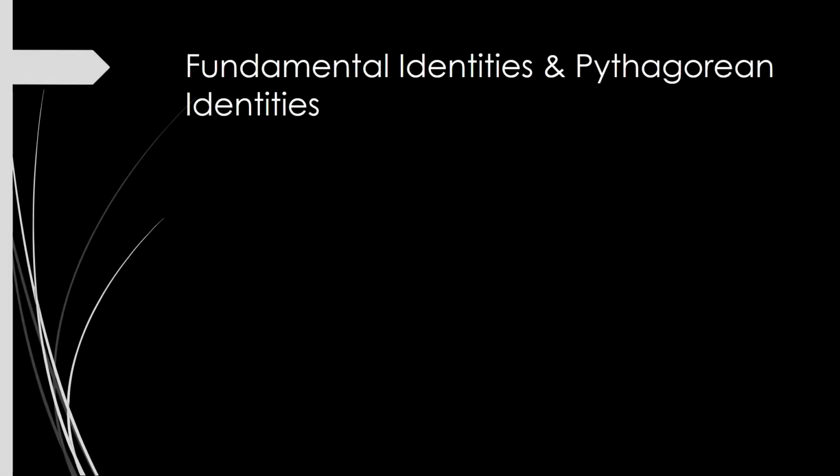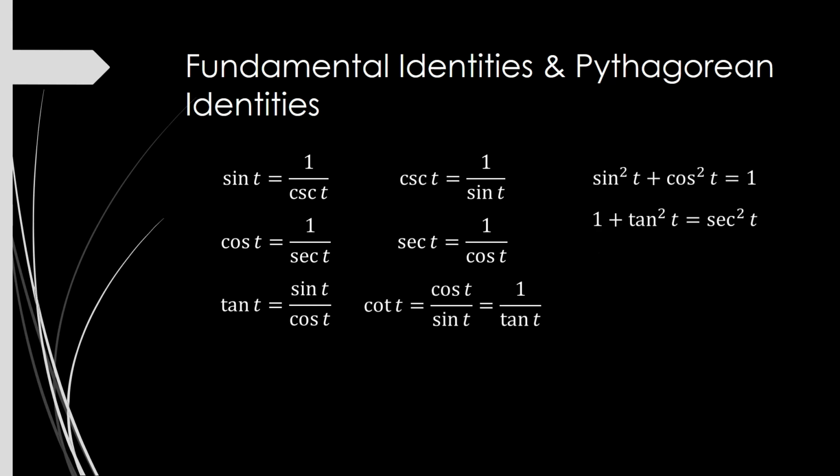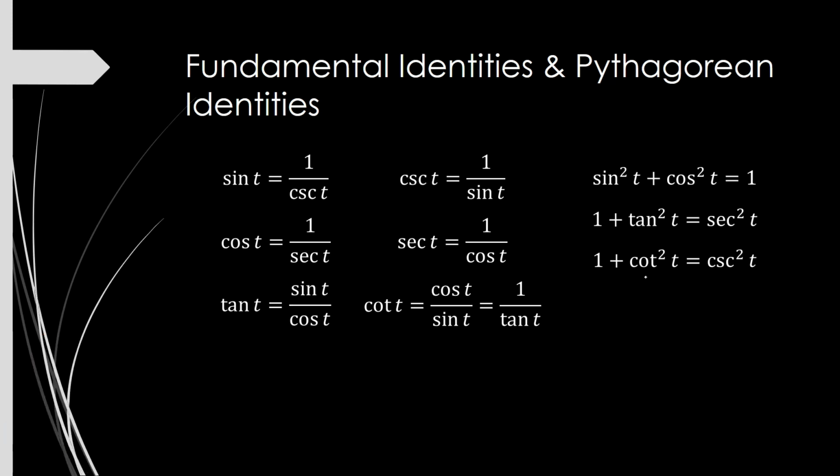So I will show you the fundamental identities and the Pythagorean identities. These are our fundamental identities, and these are our Pythagorean identities. I can remember my days when I was a student. I had difficulty recalling what goes with tangent and what goes with cotangent.